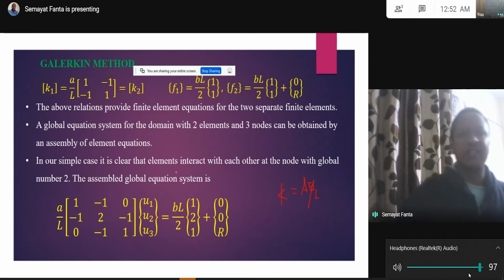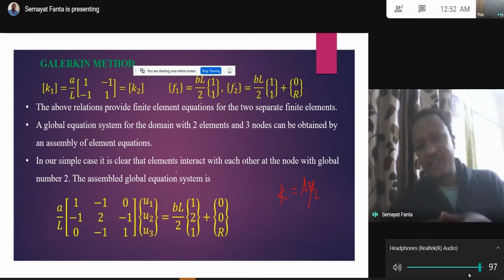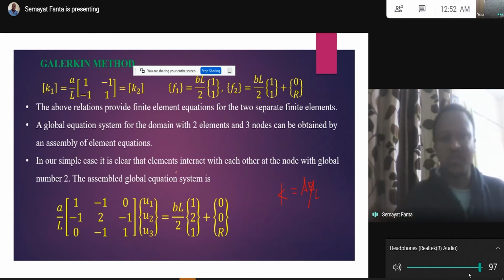As you see, the links are the same, the length of the links is also equal, and the cross-sectional area and the Young's modulus of the material are also considered the same. K1 and K2 are the same, so they are AE over h times the matrix 1, minus 1, 1. And F1 is bL over 2 times 1, 1.